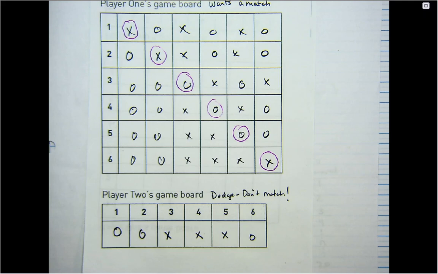Exactly. So everybody get a chance to be player 2 and make sure you know how to win, okay?